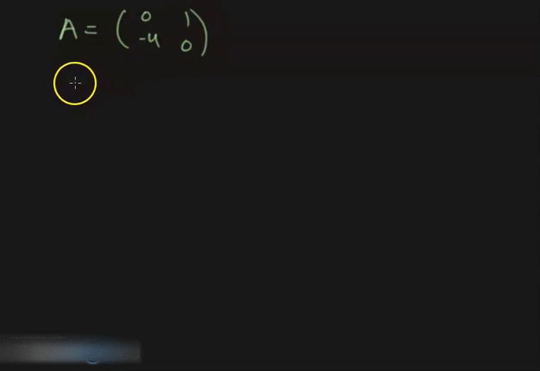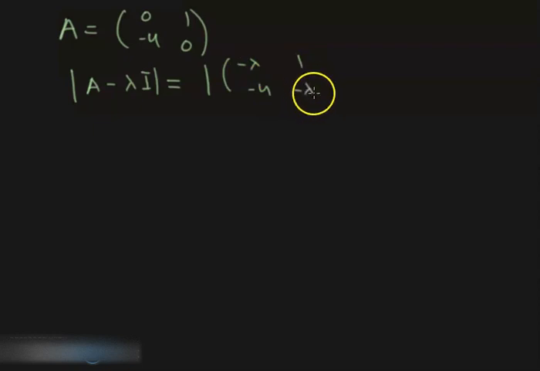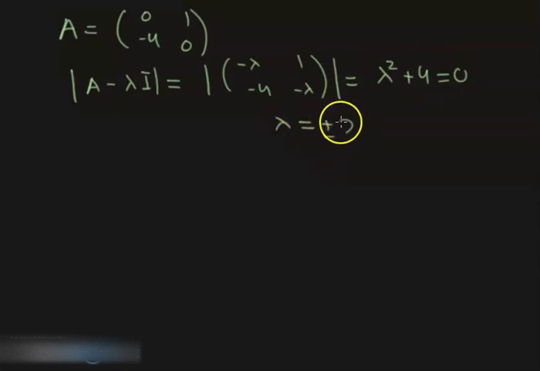So the determinant of A minus lambda I will be equal to the determinant of minus lambda 1, minus 4 minus lambda. It is going to be lambda squared plus 4 equal to 0, so lambda is plus minus 2i.